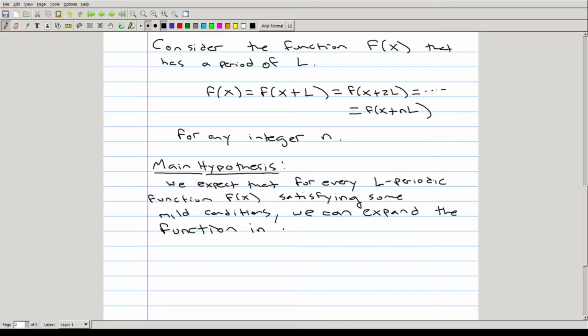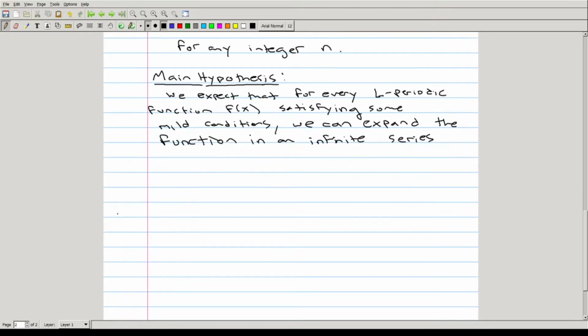In an infinite series of the following form.